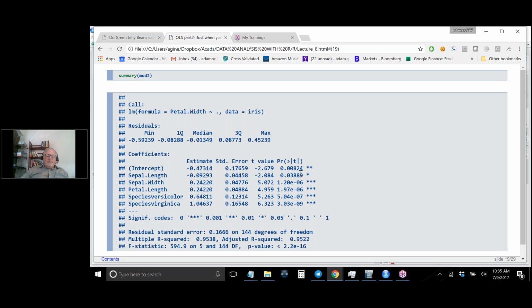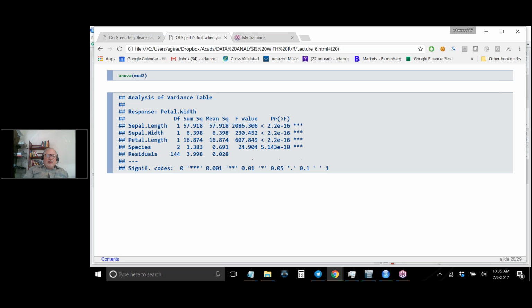And notice that R claims that they're all non-zero. These are statistical tests, though if the residuals are not normally distributed, this one would be the first most likely to go out. But in any event, if I just call the ANOVA function, it'll give me the same things. It'll just tell me that all these variables should be kept.